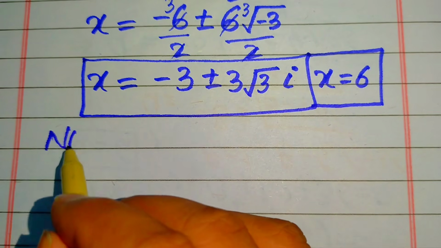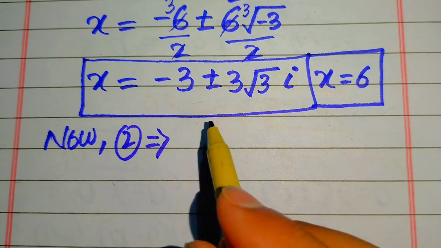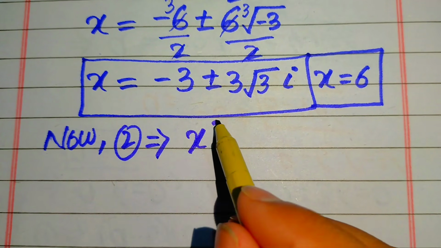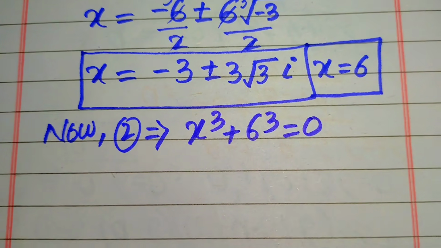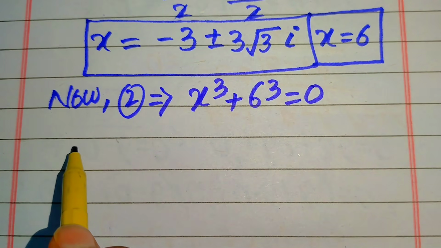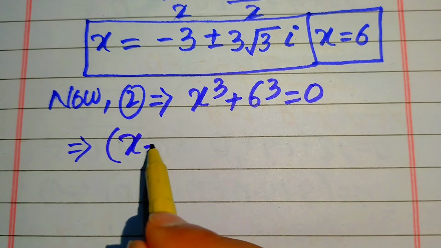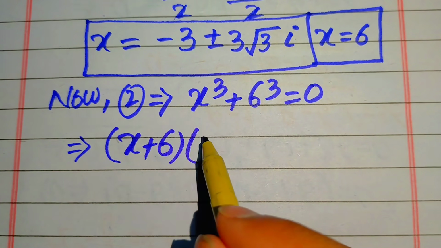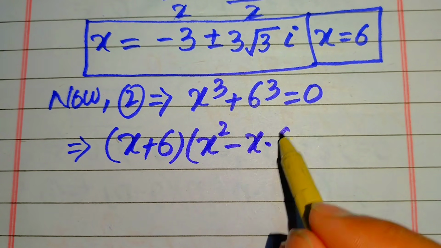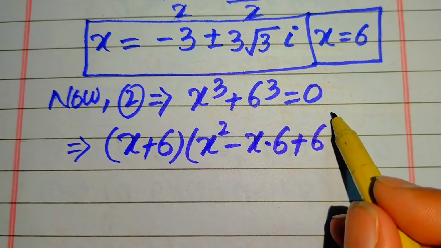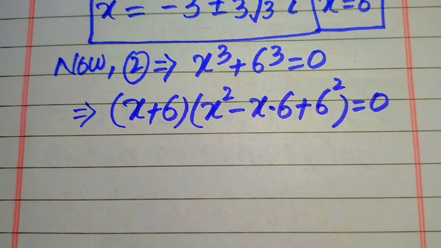Now in the next step we need to focus on equation number 2, so equation number 2 is copied down here. It is x cubed plus 6 cubed equals 0. Here we use another cubic formula, and according to this we write the equation as (x plus 6) times (x square minus x times 6 plus 6 square) equals 0.